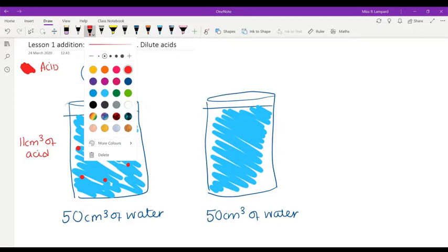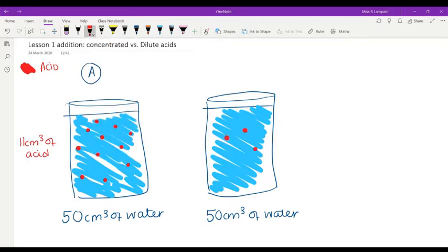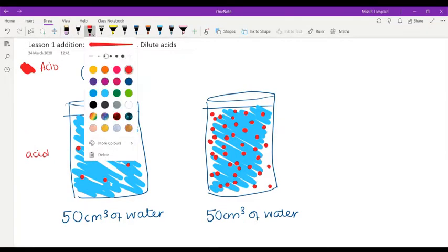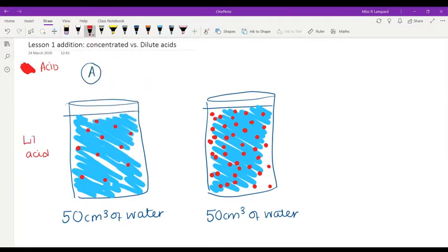Whereas in here, I've added, in fact, I'm going to change this to little acid, okay, and lots of acid.